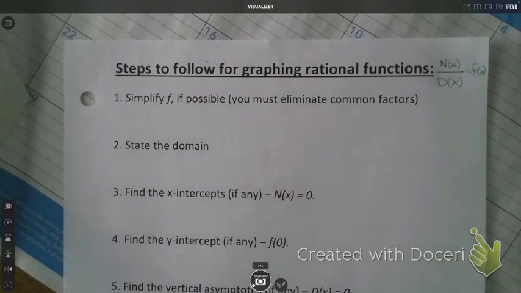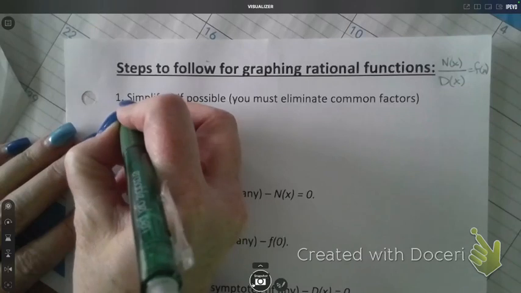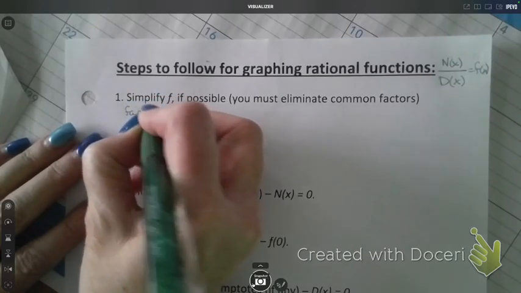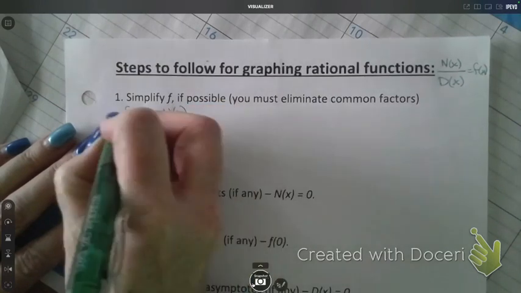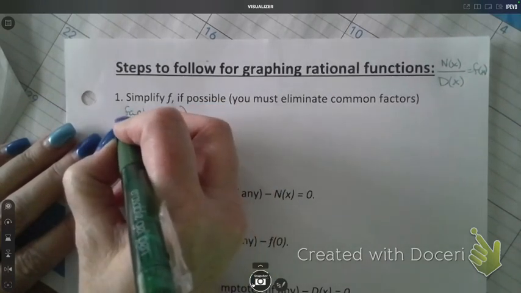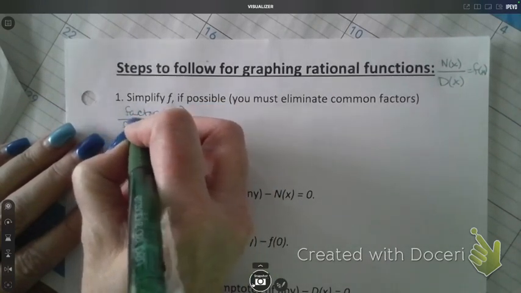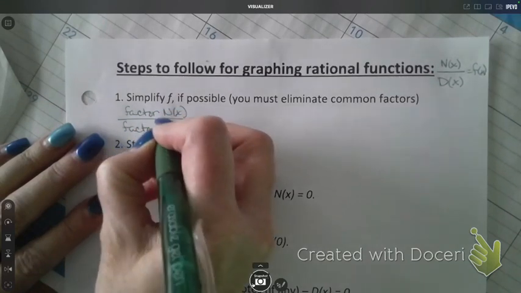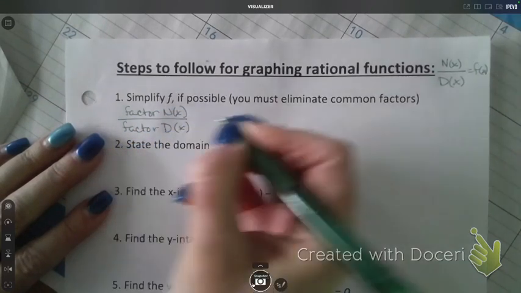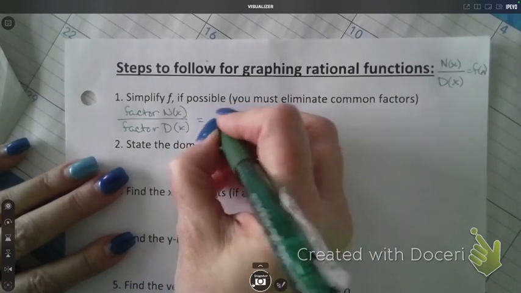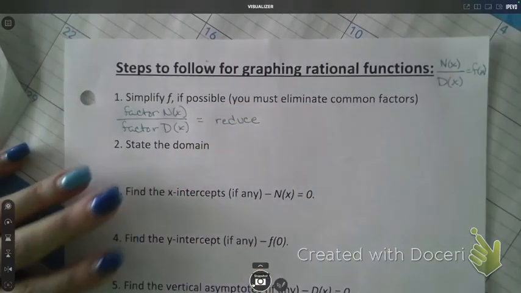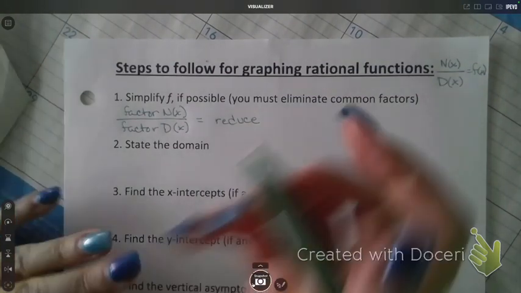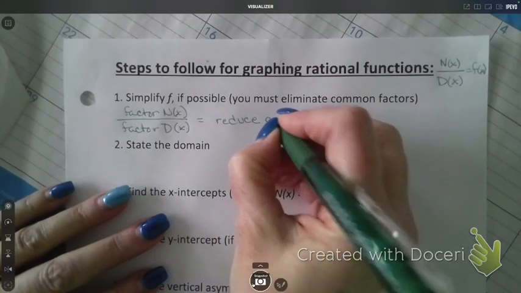You factored the numerator, and then you factored the denominator, and then reduced.